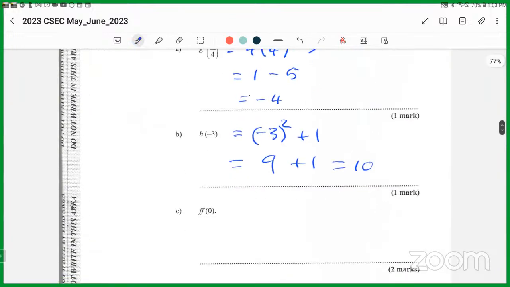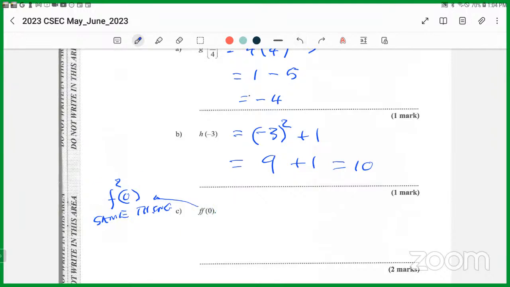Then down here, they want f of f of 0. Remember, for this, they could have also given it to us as f squared of 0. Same thing. So instead of writing f of f of 0, they could have given us f squared of 0.